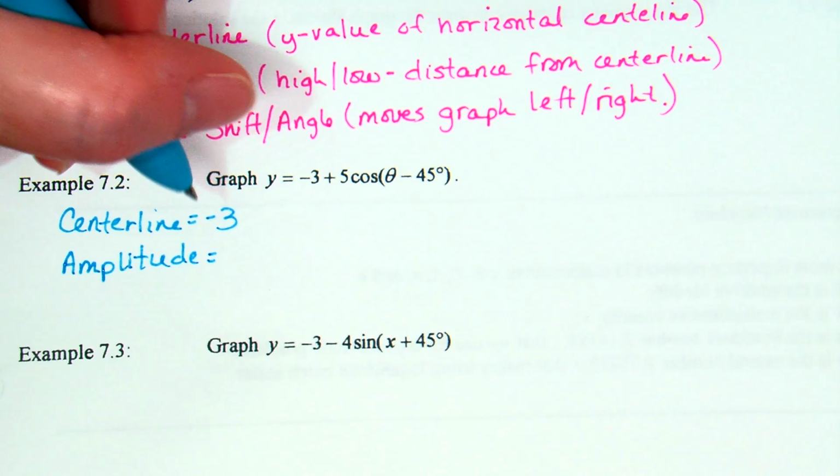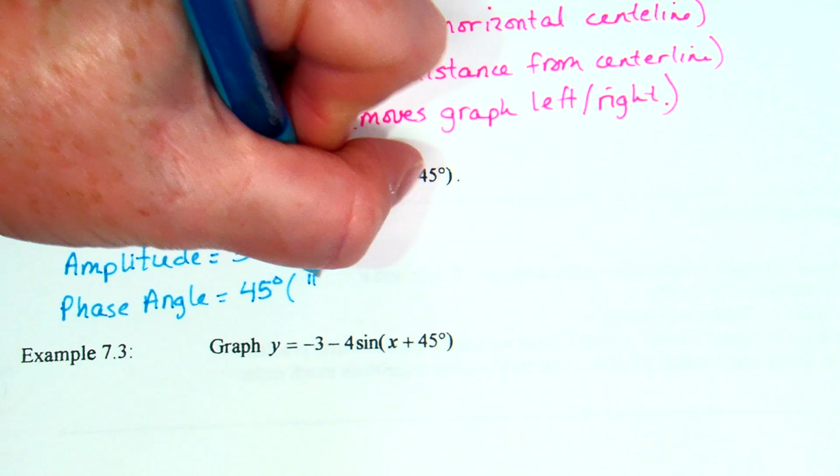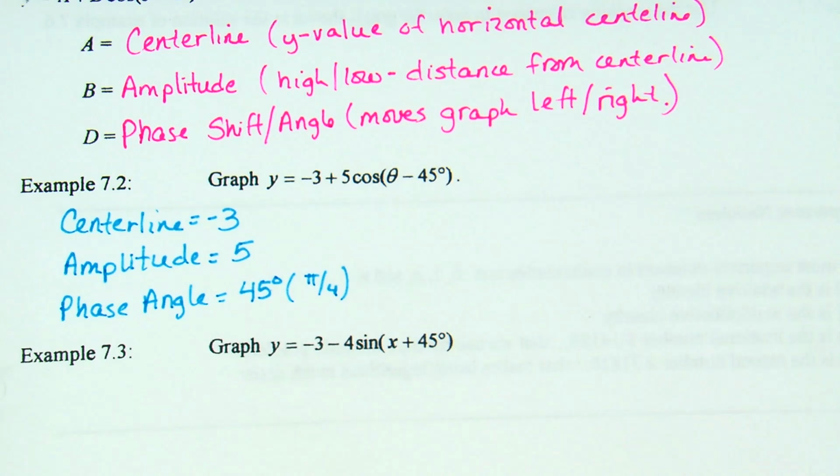And what about the phase angle or phase shift? It's 45 degrees, which is the same as pi/4. And remember, it is a positive 45 degrees. That's in parentheses, so you're going opposite the direction of the sign, yes?